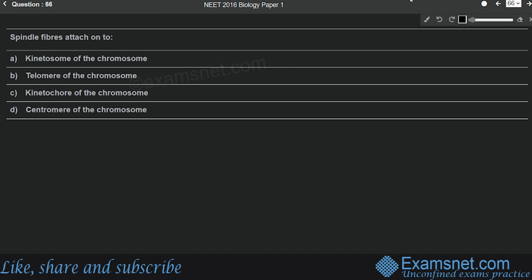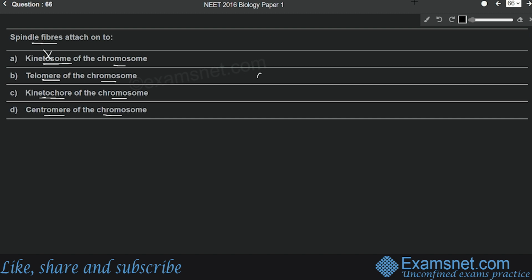Question number 66 is from the chapter Cell Cycle and Cell Division. And the question is, spindle fibers attach on to. Options are kinetosome of the chromosome, telomere of the chromosome, kinetochore of the chromosome, and centromere of the chromosome. First of all, there is nothing known as kinetosome, right?